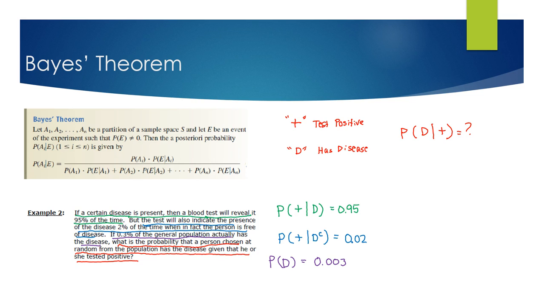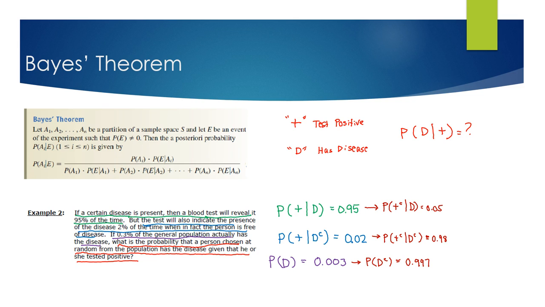So, according to Bayes' theorem's formula, there's some information I'm going to need to know. So I'm going to find some additional information that's pretty easy to get based on the numbers I already have. If the probability of me testing positive, given that I have the disease, is 0.95, then the probability of me not testing positive, given I have the disease, is 0.05.